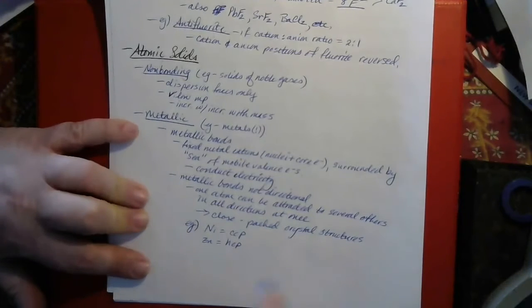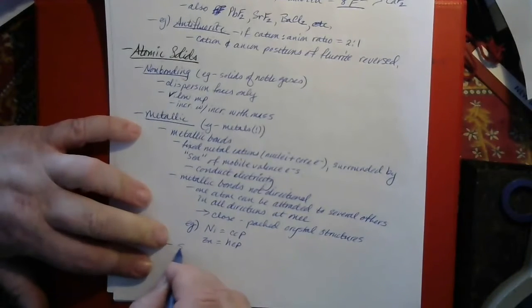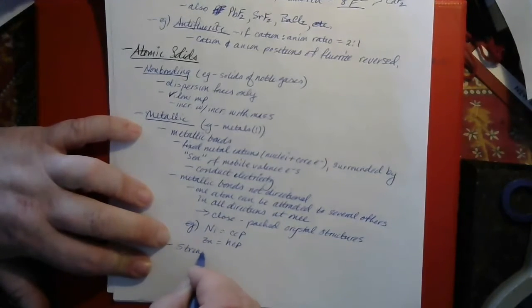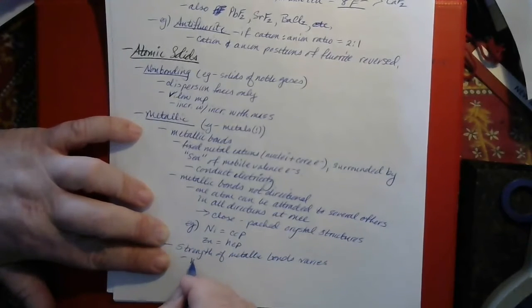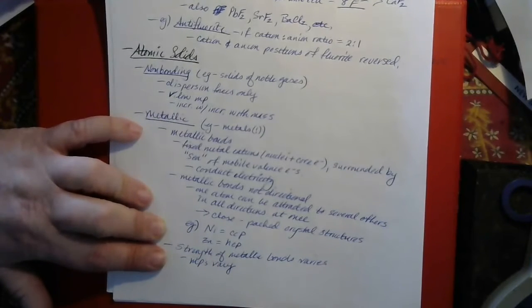The strength of the metallic bonds can vary quite a bit, and that's why the melting points vary quite a bit also.